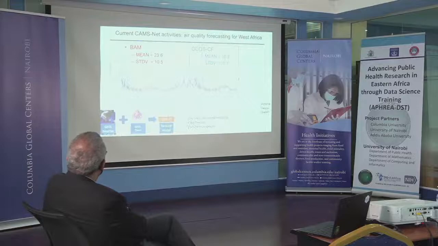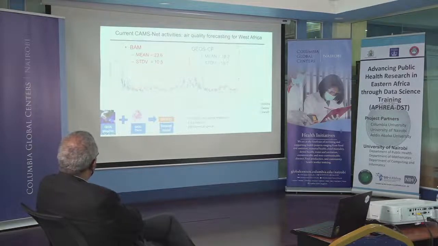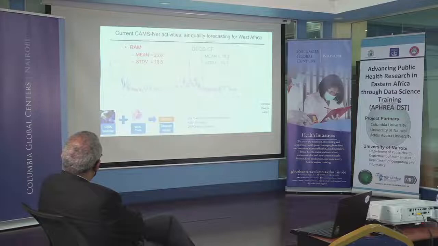One other possible avenue for data science is chemical transport modeling, or air pollution and air quality modeling, and that's one of the things we're doing. This is some output from the GEOS-CF weather and composition forecasting model compared to PM2.5 from the low-cost sensors in red.